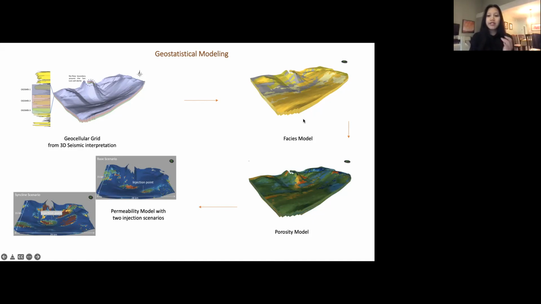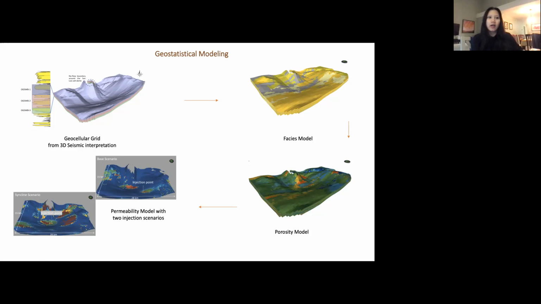Then, from the facies model, we populate the porosity values that we calculated from the well data. If we're only using a porosity model, it's usually only statistics, using some statistical methods. But when you input the porosity values into the facies model, it will adjust them.